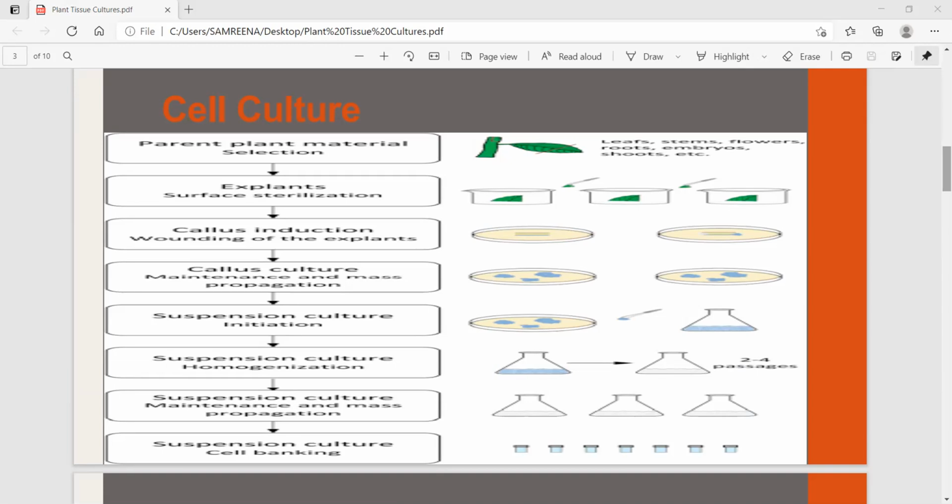We know that this callus is undifferentiated callus. It continuously starts growing inside the liquid medium, and due to the agitation or shaking, since it is a friable callus, with loosely woven cells, these cells get dispersed in the liquid medium and form our cell culture, or cell suspension culture, or single cell culture.